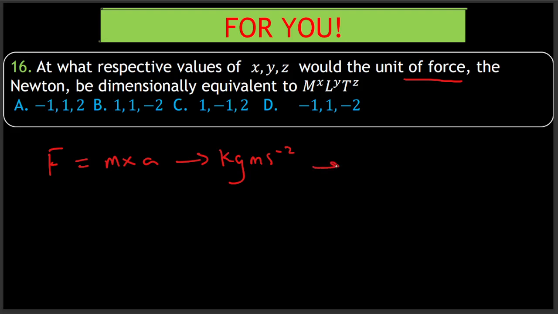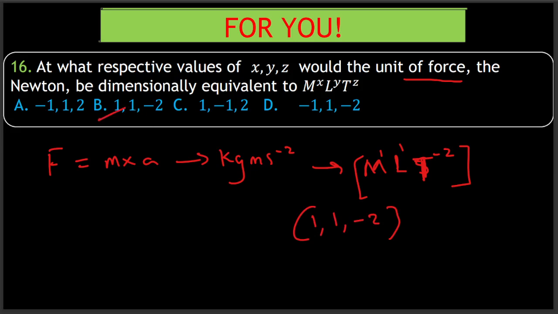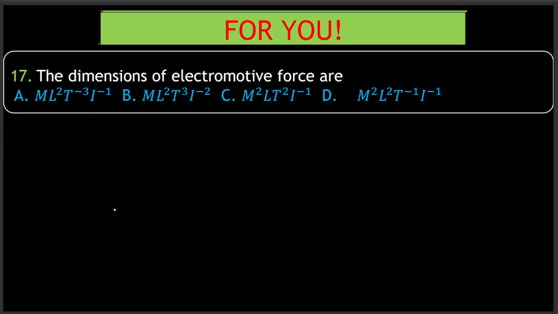That means the dimension will be capital M, capital L, and then T raised to power negative 2. So this one is 1, this one is 1, so x, y, and z will be 1, 1, and minus 2. So which option is the correct one? B as well.